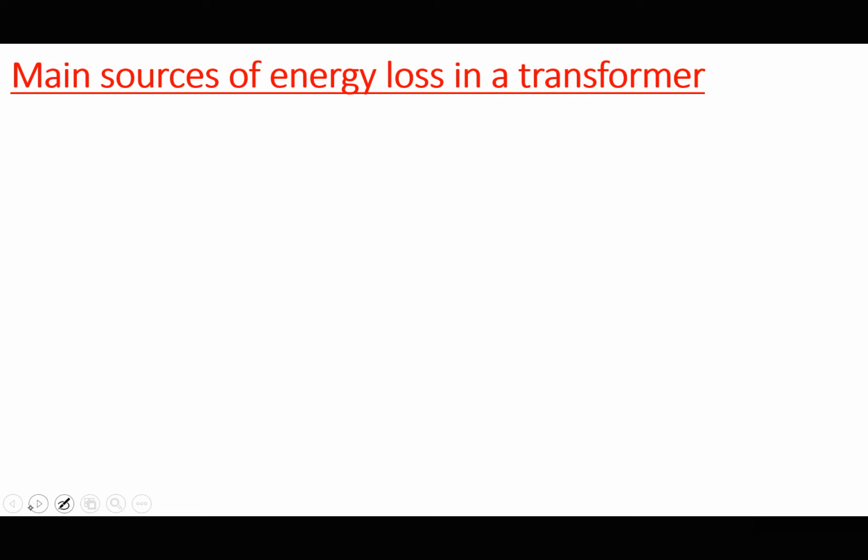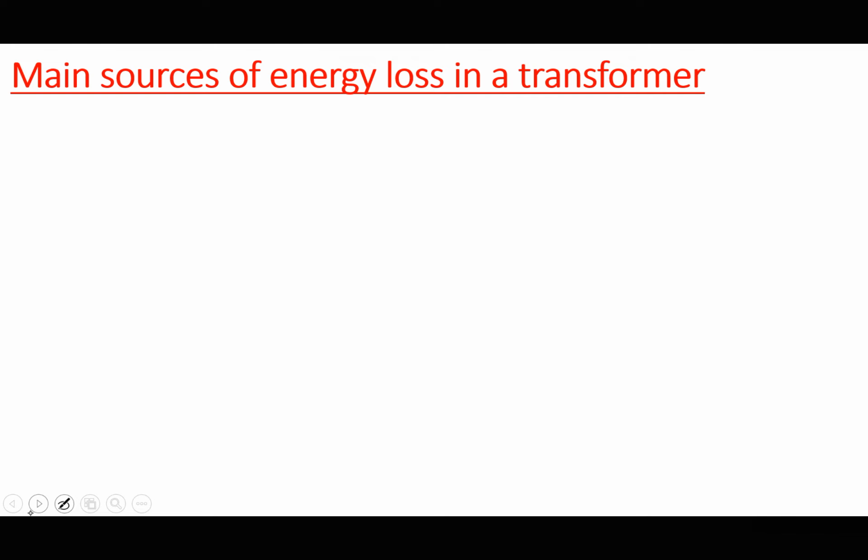Because the efficiency is not 100%, then we can agree, you and me, that there is energy loss within a transformer. So what are the main sources of energy loss in a transformer? One of the things I've mentioned was the generation of eddy currents within the core of a transformer, which means not all the changing magnetic field results into an induced EMF in the secondary.